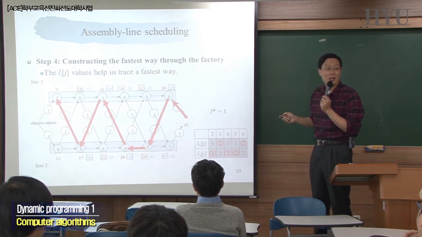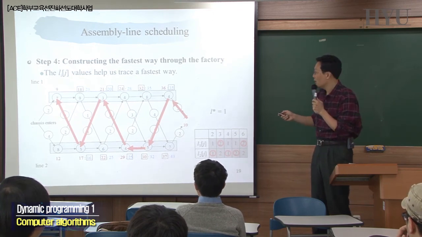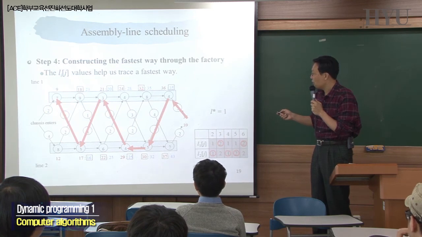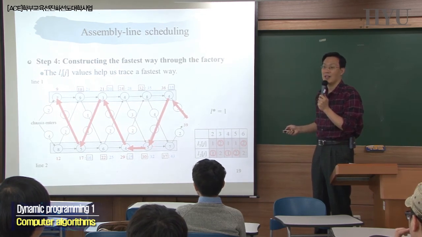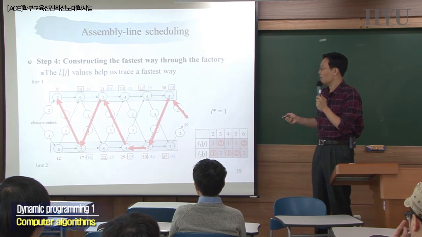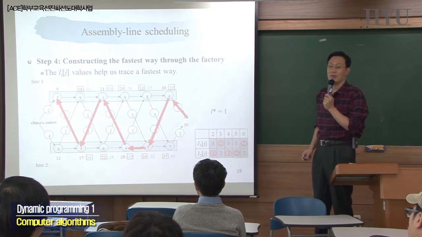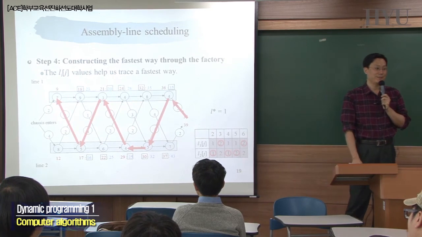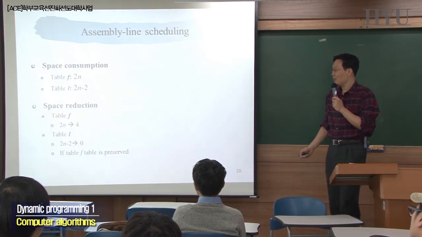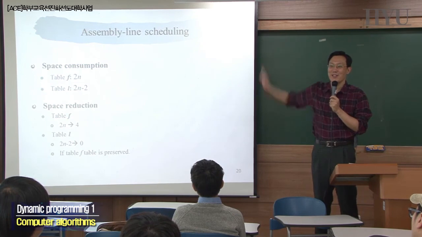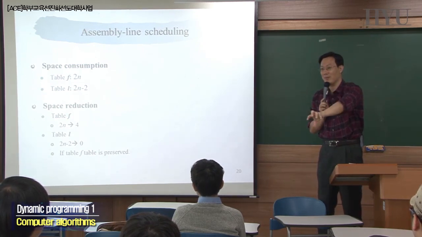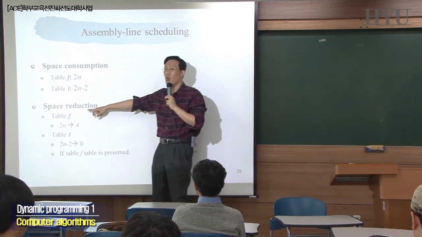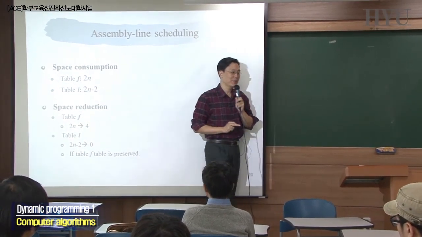So we can calculate again. From 32, it is 36. From 30, it is 35. Then we can trace back to this line because its value is smaller than this value. But we cannot abandon both of them. We can reduce only one of them, either F or L, but not both.